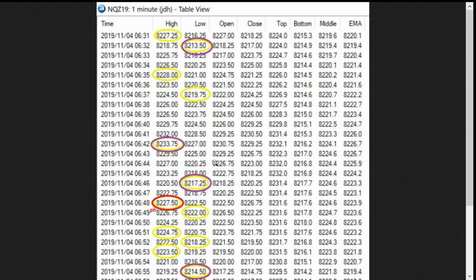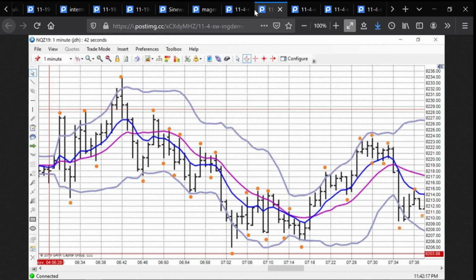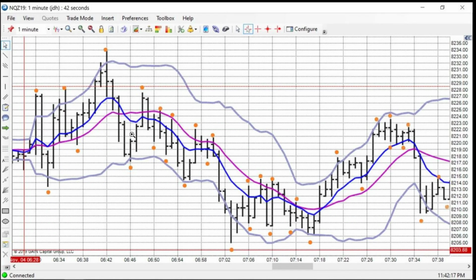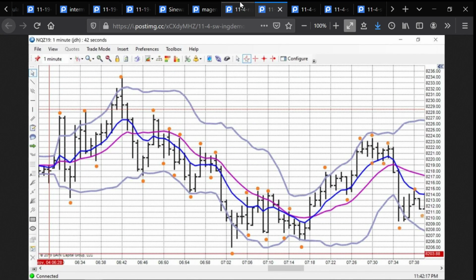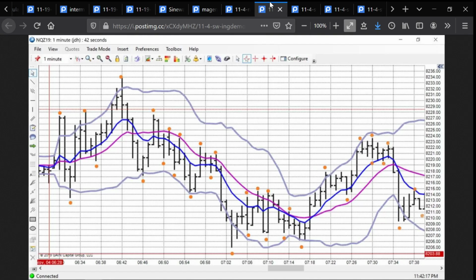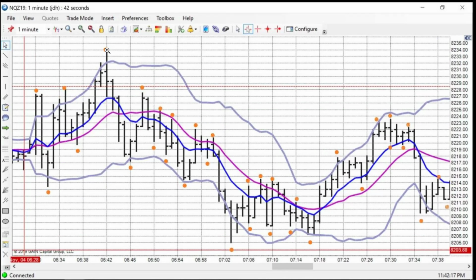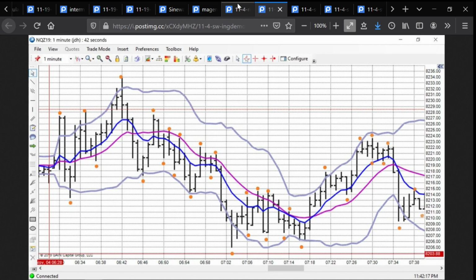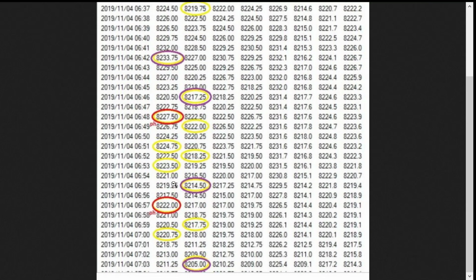So what I'm showing here is all the points that I'm plotting on this actual chart. This is from November 4th. I've shown this chart before, but these are the actual prices underlying all these bars.